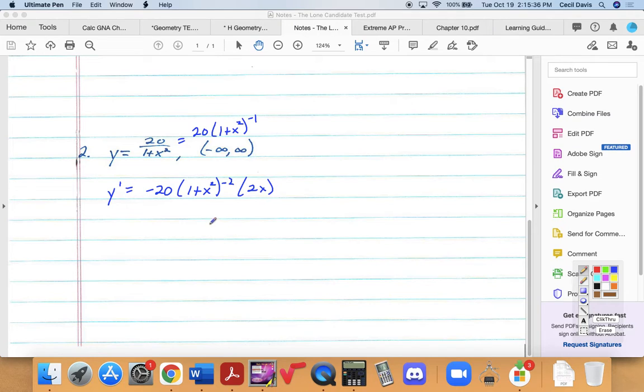So the only place where that could be equal to 0 would be at x equals 0, because this 1 plus x squared to the negative 2 all goes in the denominator. So that's my only critical point.